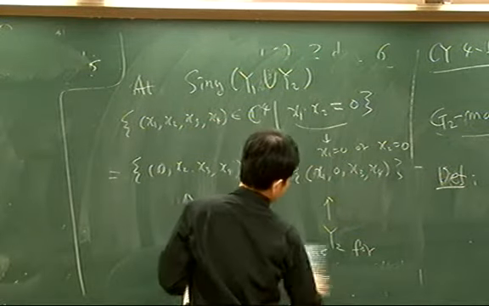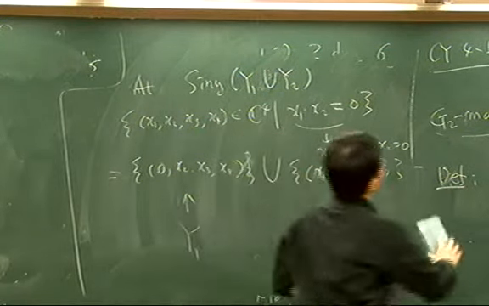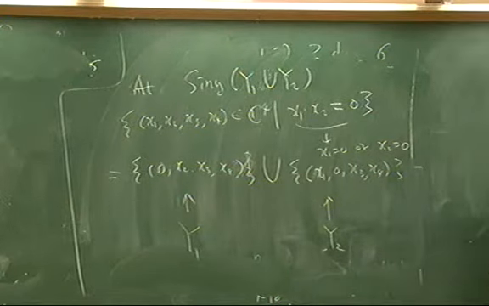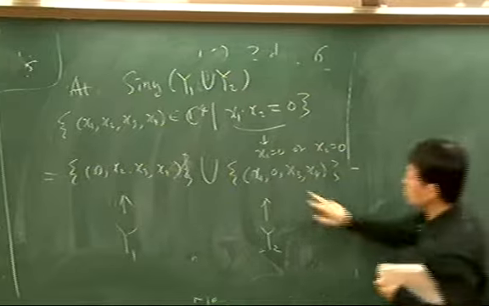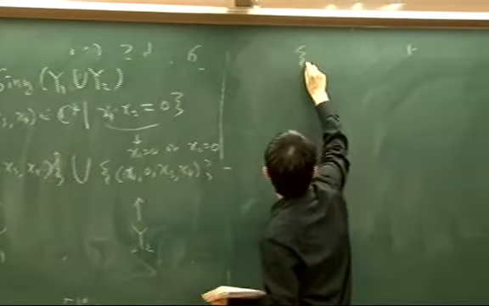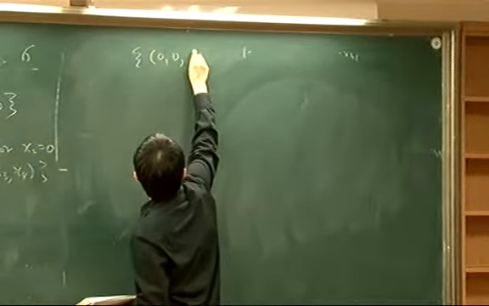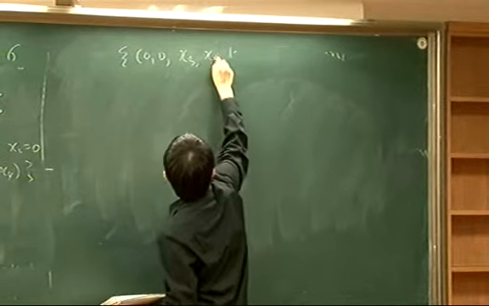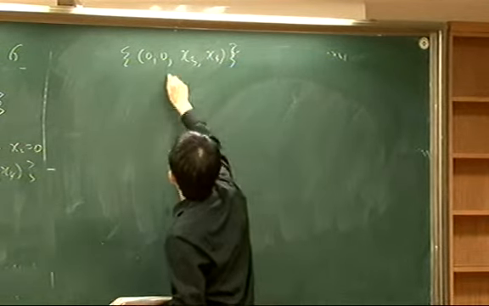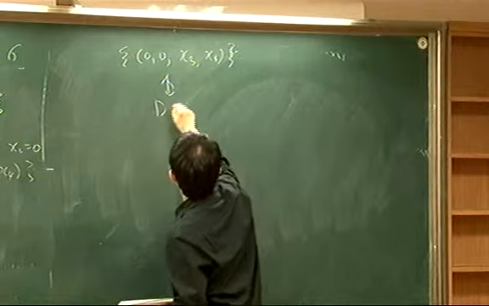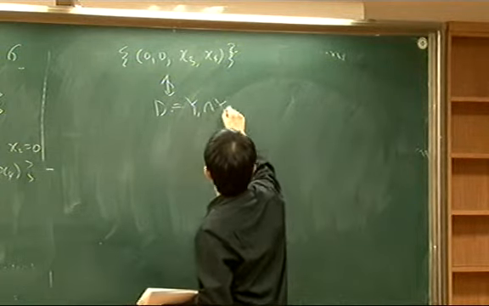They cross each other transversely, and the intersection is (0, 0, x3, x4), which corresponds to D, which is Y1 intersect Y2.